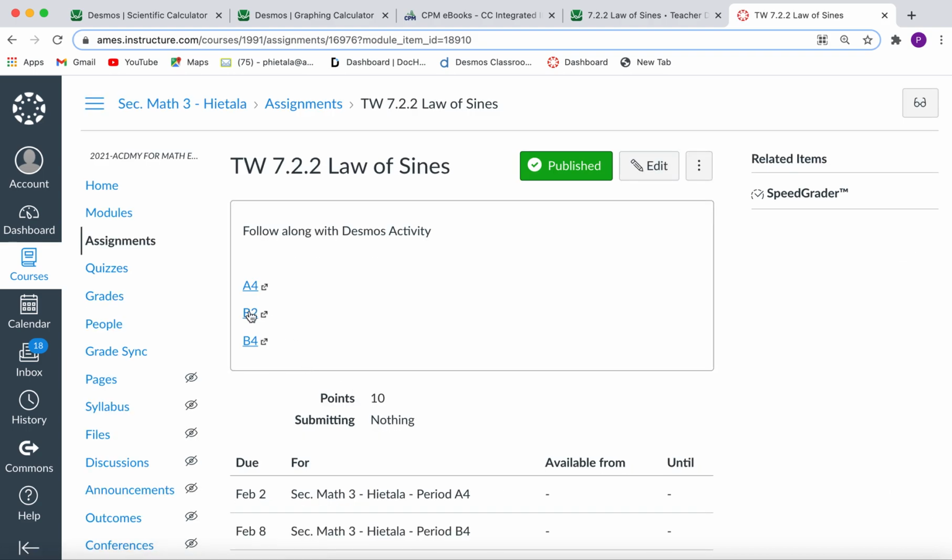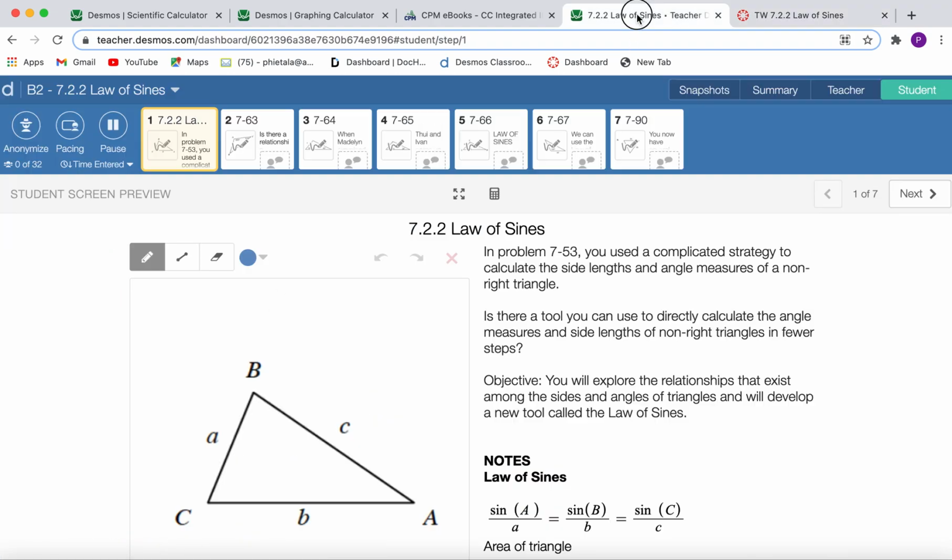Click on that and go ahead and go into B2 or B4, whichever class you are. Should come up looking like this. Just so I have more space today, I'm going to be flipping to a screen that has a little more space with the problems on it. Okay, so I don't have to shrink and write and all my stuff gets saved.